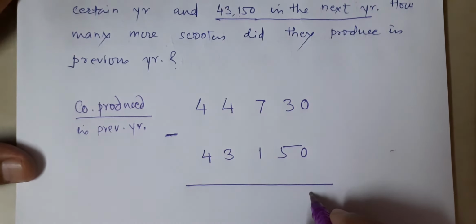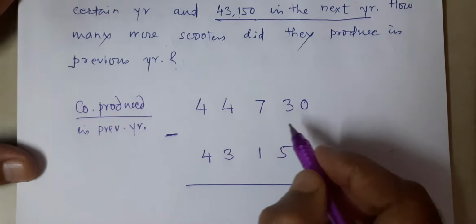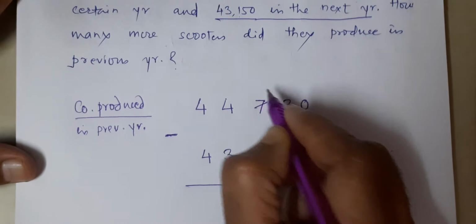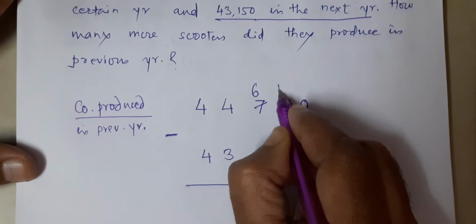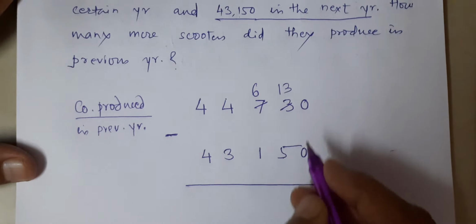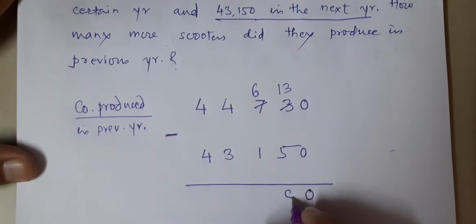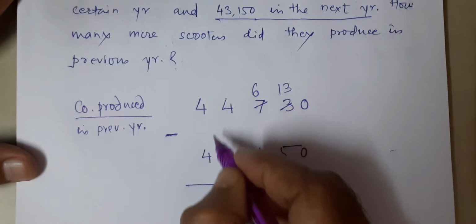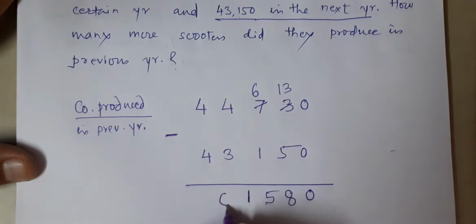0 minus 0 is 0. We cannot subtract 5 from 3, that's why we have to borrow, and we subtract this 5 from 3. It comes out to be 8. 6 minus 1 is 5. 4 minus 3 is 1 and 4 minus 4 is 0.